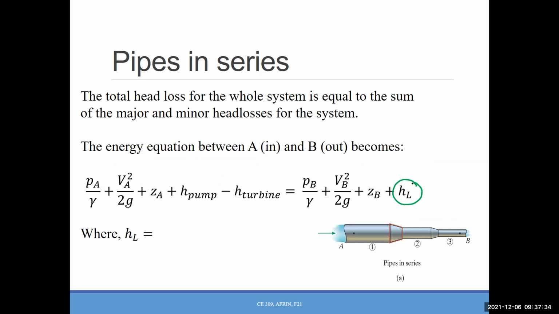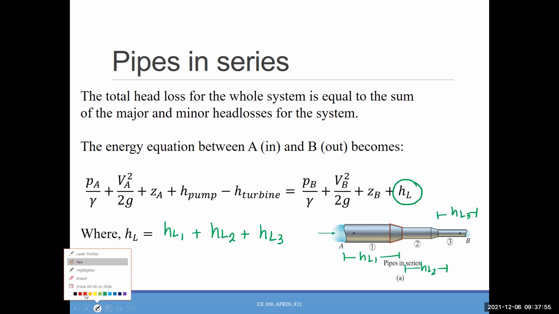For this head loss, we will use head loss 1, head loss 2, head loss 3. And what is head loss 1? That is head loss 1. That is head loss 2. That is head loss 3.